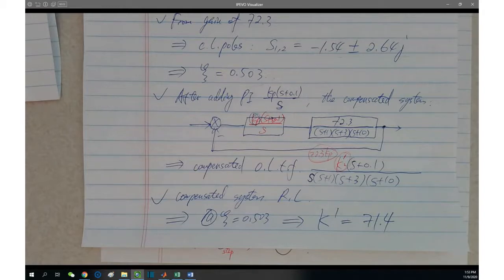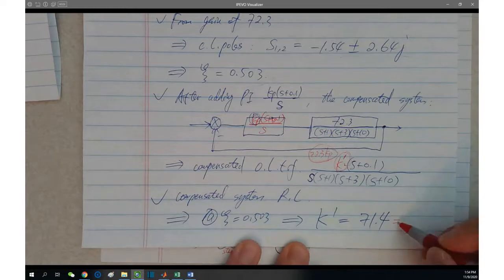Well, if K prime equals, go ahead. Would we multiply 72.3 by a certain factor to make it equal 71.4? Sawyer is right, but Alex's answer is precise and concise too, right?